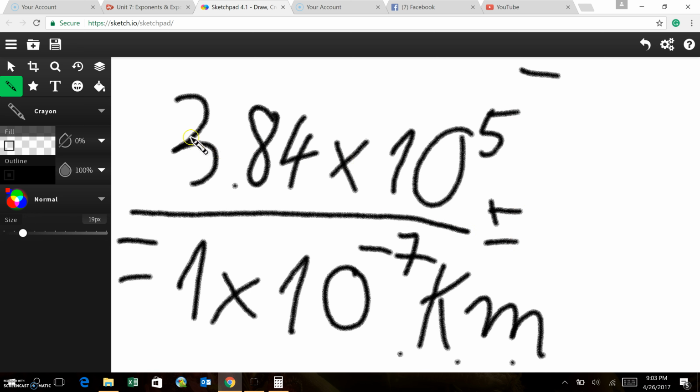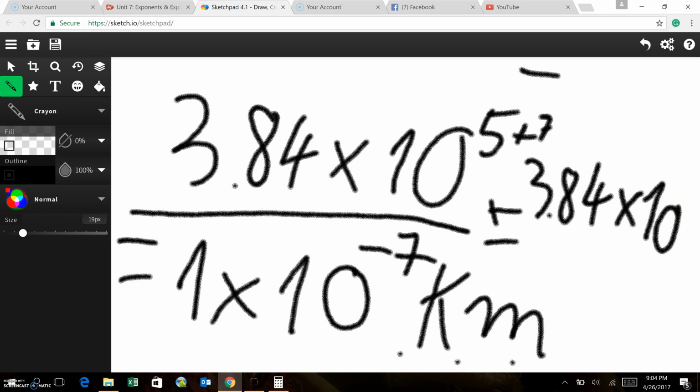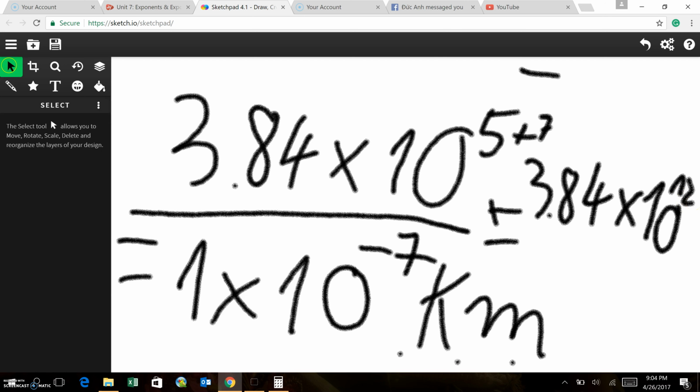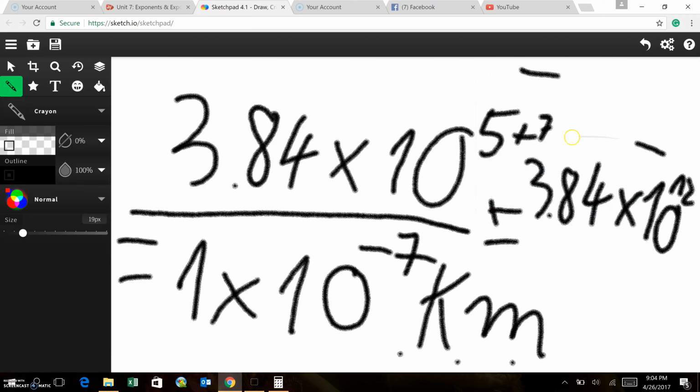Alright, so 3.84 divided by 1 is 3.84. We're gonna use the quotient rule again, which is negative equals plus, so times 10 to the 12, right? So the final answer would be 3.84 times 10 to the power of 12 pieces of paper.